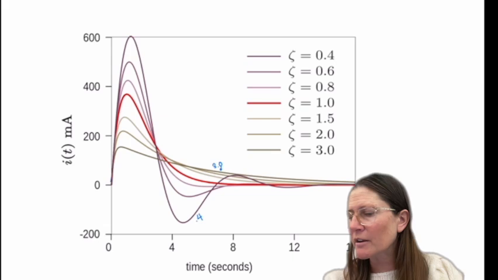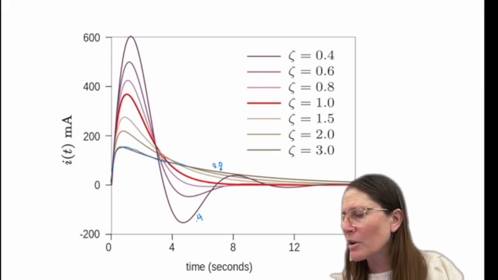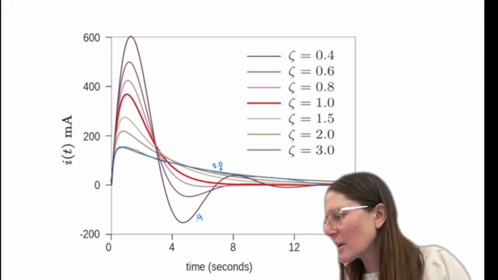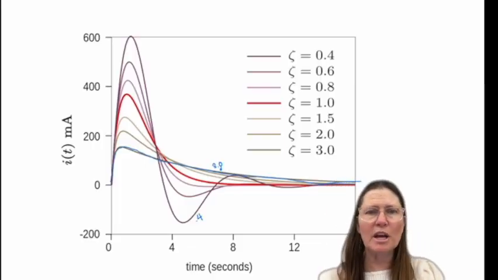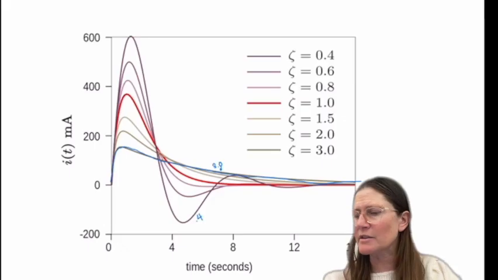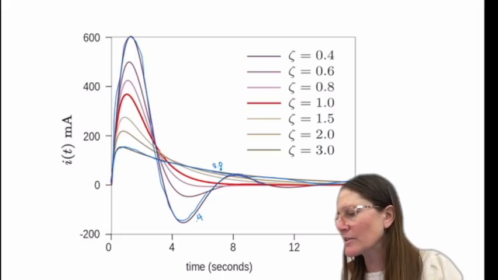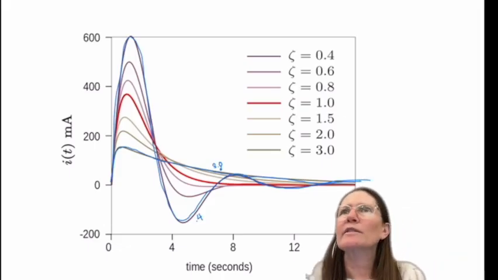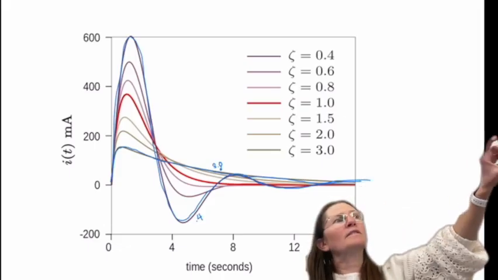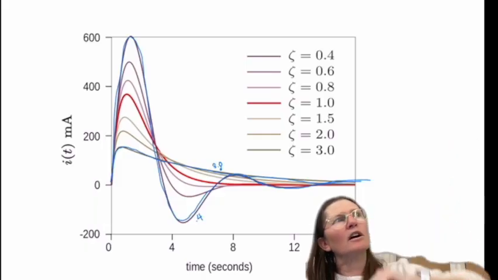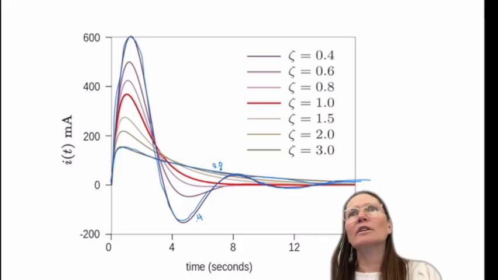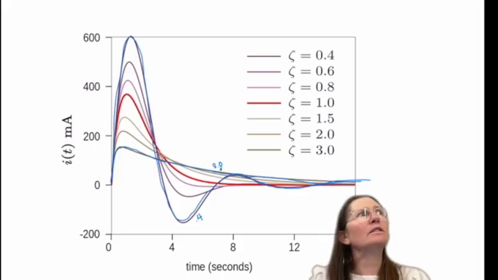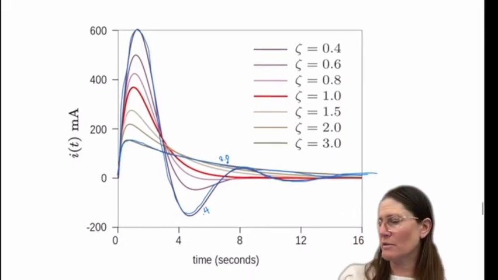In contrast, a 3.0 damping coefficient versus a 0.4, which goes up, down, and has a very significant oscillation in there. So the damping coefficient determines how much it is going to oscillate. You can see from that graph the differences in those oscillations.